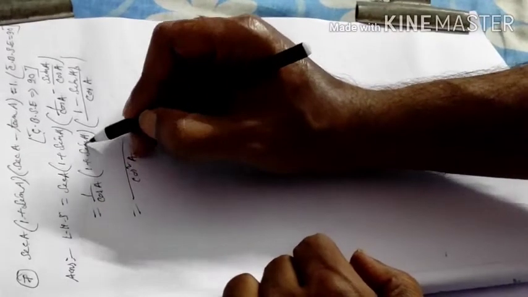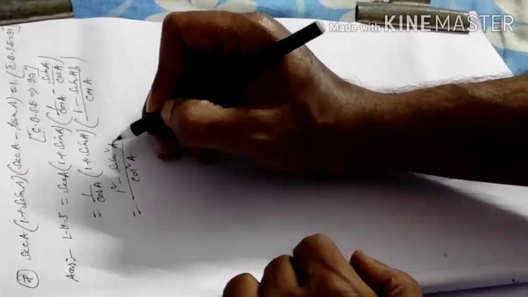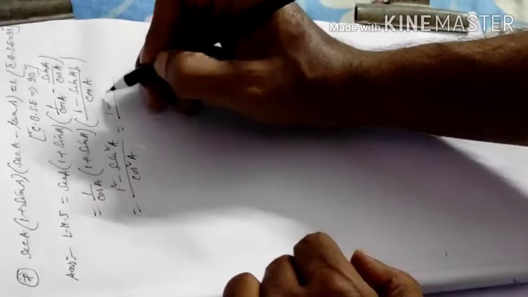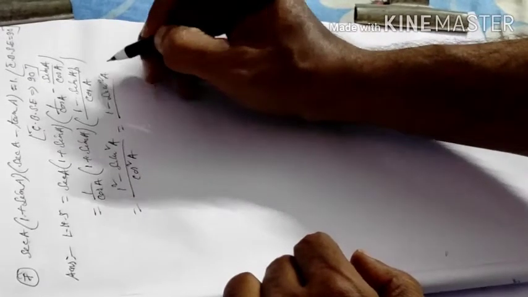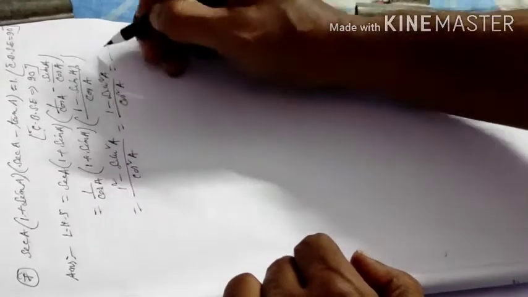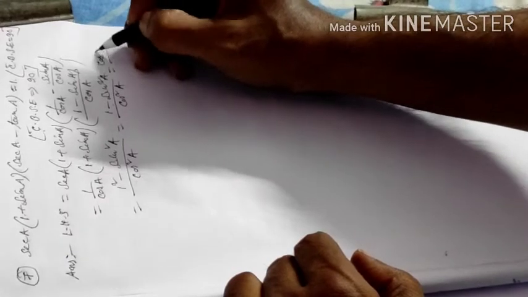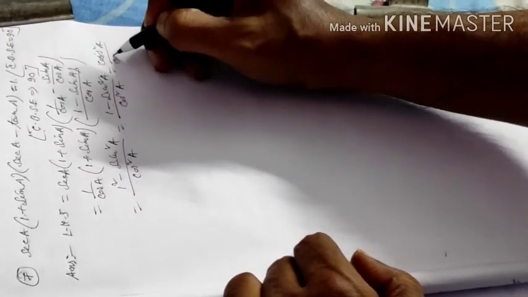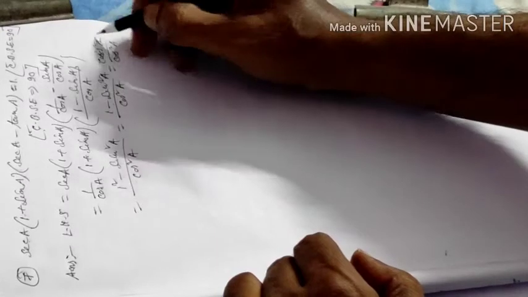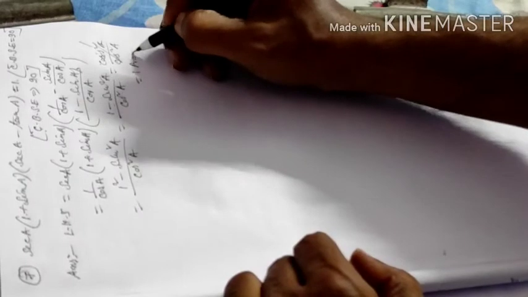And a plus b into a minus b is a square minus b square, is equal to 1 minus sin square a by cos square a, is equal to cos square a by cos square a. So this is equal to, cancelling out, 1. Proved. Right hand side proved. Very easy sum. Next sum.